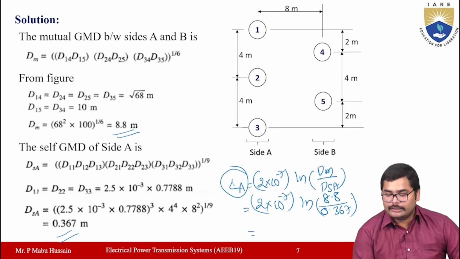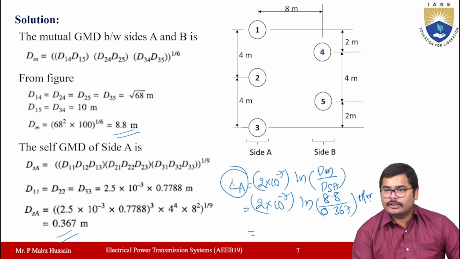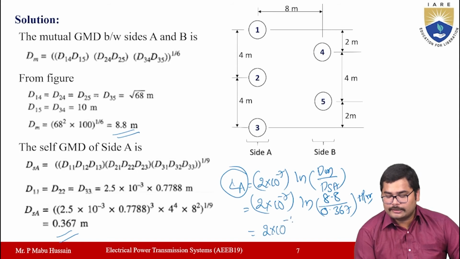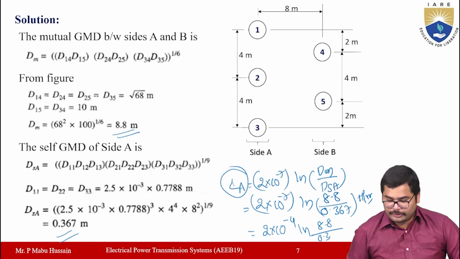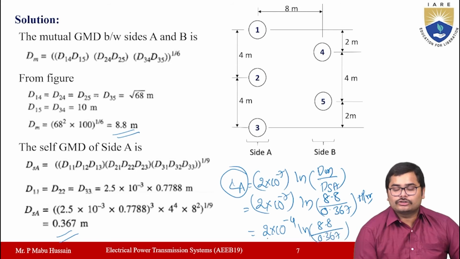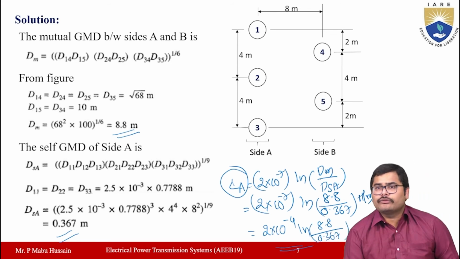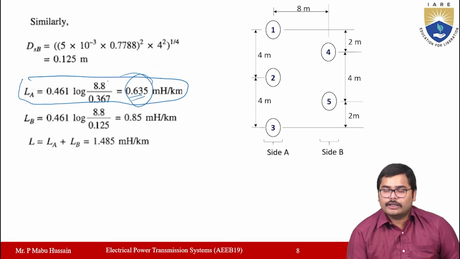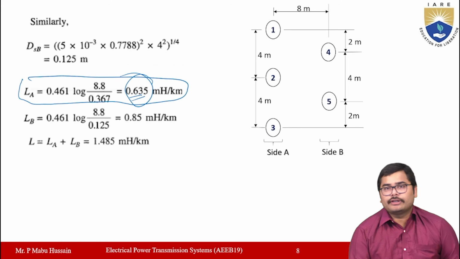So if you want it in henries per kilometer, you have to multiply this total value with 1000, so that you will get 2 into 10 power minus 4 into ln 8.8 by 0.367. Okay, so if you calculate this value, you will get 0.635 millihenries per kilometer. So you got the value of LA here.